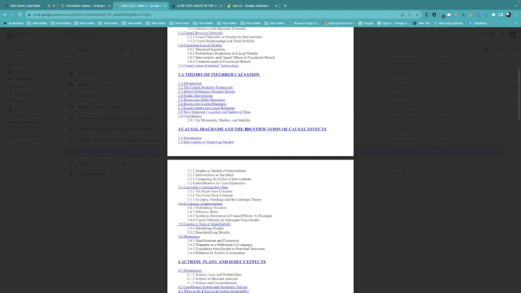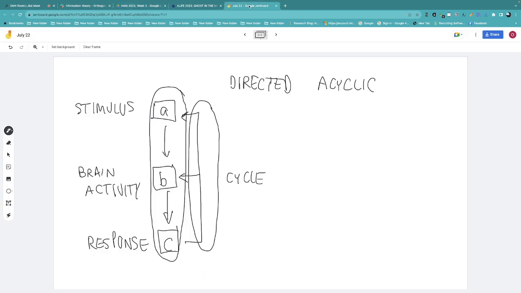We use these DAGs in much the same way that an experimentalist will use an experimental design. You're not really modeling the real world. You're modeling a model of the real world. So you're kind of giving a stilted view of the world, but you need to do that to get these relationships down.